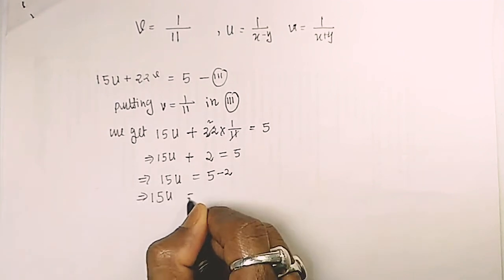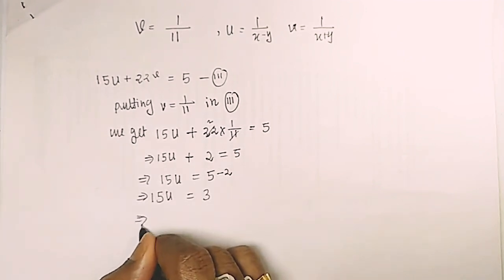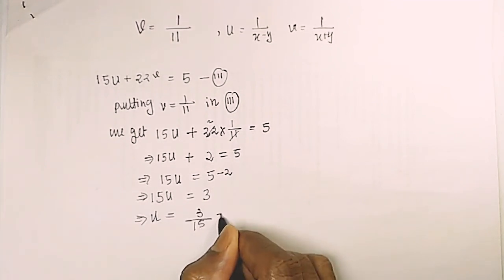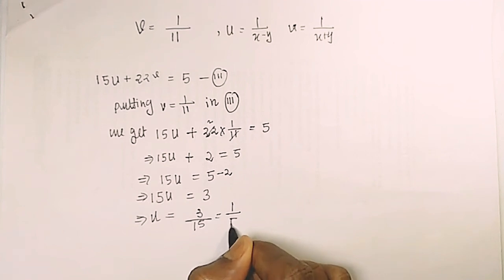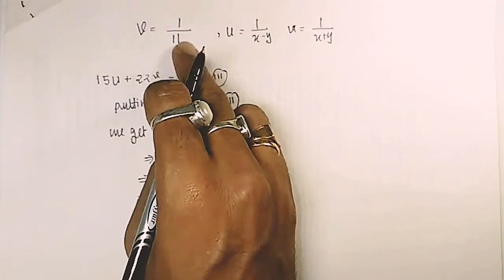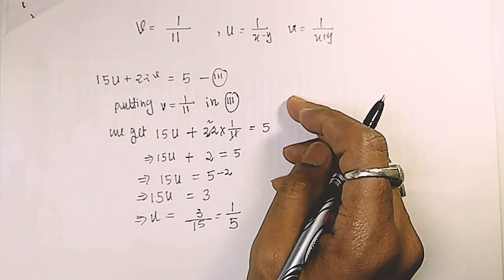So 15u equals 3, which implies u equals 3 by 15, which means 1 by 5. So u is 1 by 5 and v is 1 by 11.